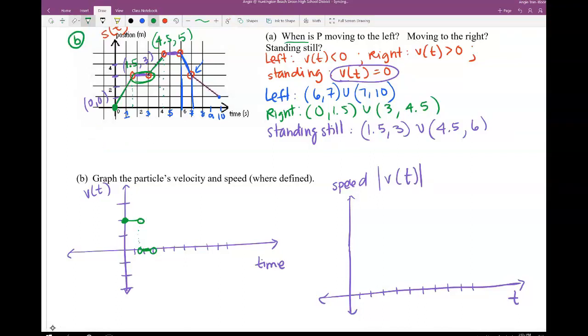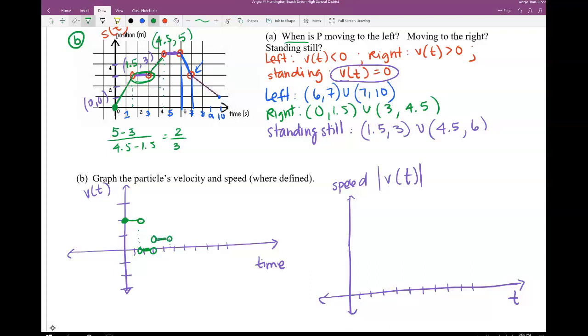So I'm going to use delta y: 5 minus 3, divided by 4.5 minus 1.5. That's 2 over 3, so 2/3. So positive, almost 1. That's from 3 to 4.5, so almost 1, open circle. 4.5 is right here, open circle.